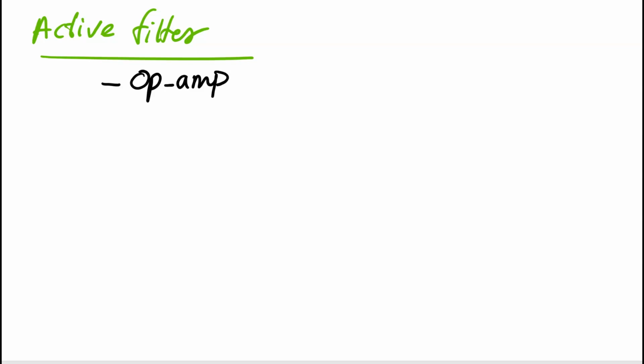So this particular element has some external power supply which makes it an active component. So the active filter has both passive and active components. It can have op-amp in the circuit and still we are allowed to have resistor, capacitor, and other passive components as well.